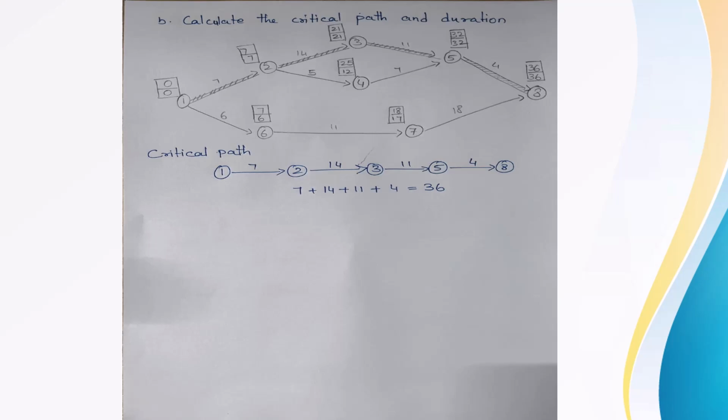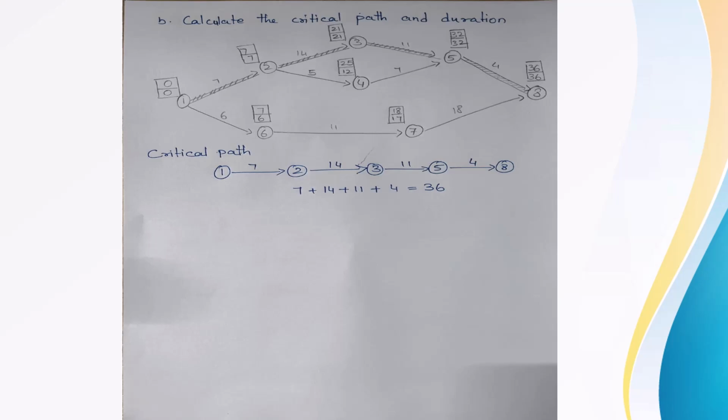You understand? The EST of the previous activity plus duration will become the EST of the next activity. So if we see 1 to 6, the EST of activity 1 is 0. Duration of the activity 1 to 6 is 6. So 0 plus 6 is 6.